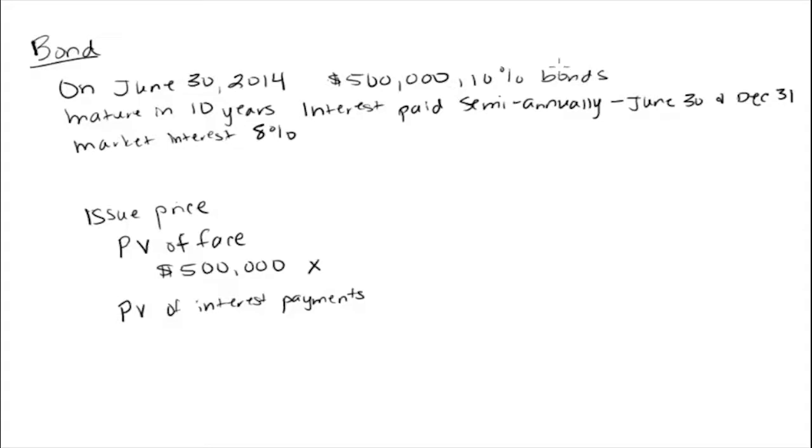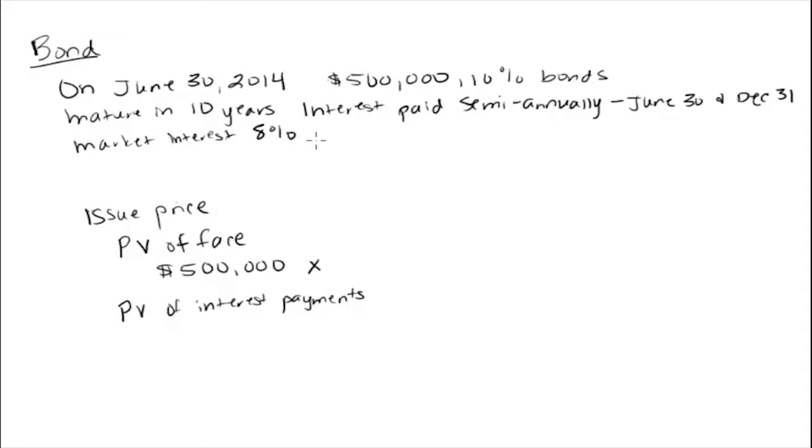But it didn't tell us anything about the difference in the issue price. We compared it to the market rate, the effective rate. So this is the amount we want to use to find our factor in our tables. You're going to base it off of the 8%. But again, be careful one more time.